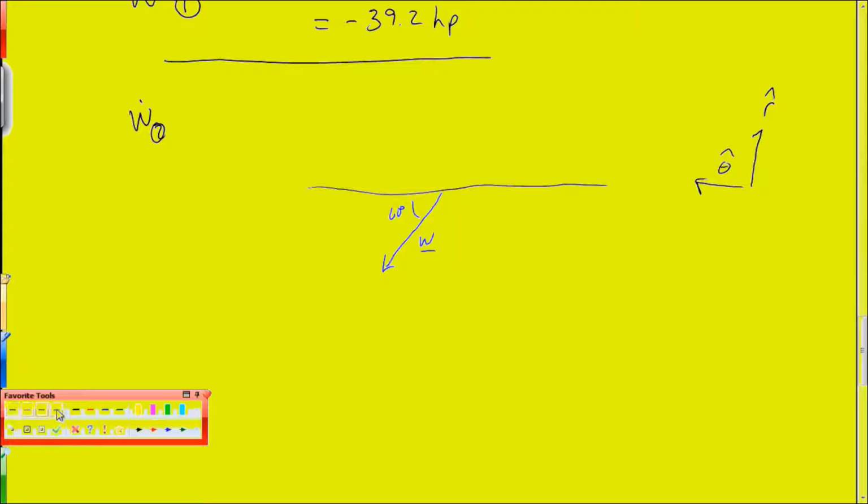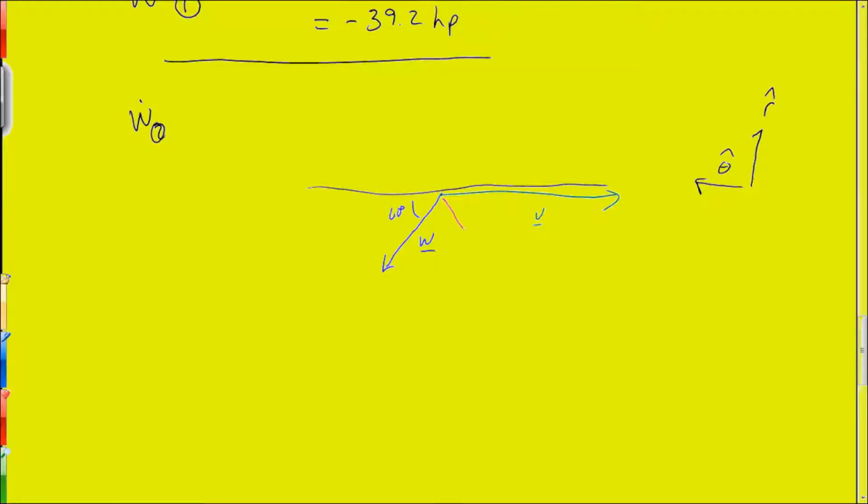We know that U is going this way because our device is spinning in a clockwise direction. And so we know that V, which is U plus W, is going to be somewhere, well, that's not a particularly good drawing now, is it? It's going to be somewhere like this.